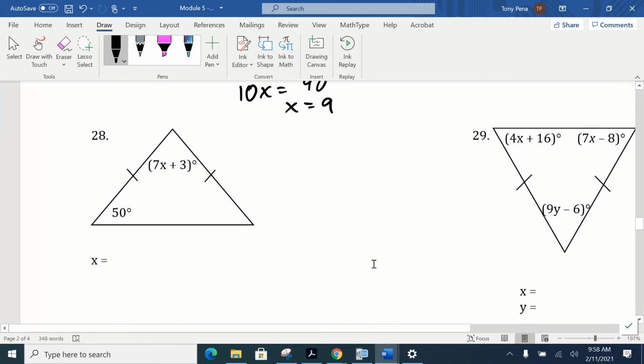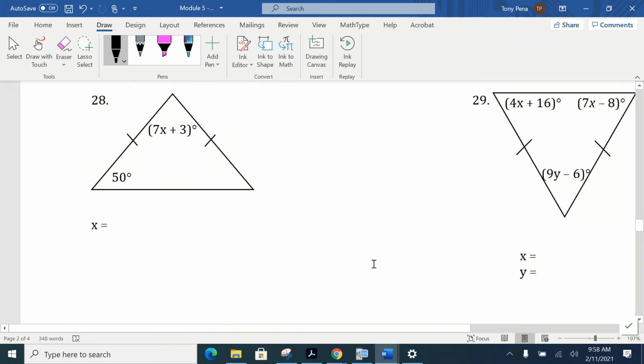All right, 28. This is now a new thing that we talked about. And this is the idea that if these two sides are congruent, we did a bunch of these yesterday, the angles opposite of each other are congruent. So what we can write down right away, even though it's not asked, we definitely know this has to be a 50-degree angle.